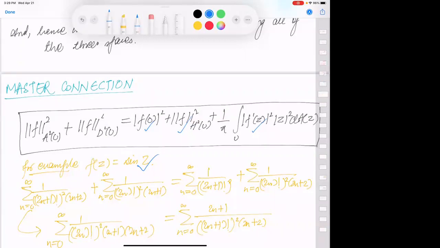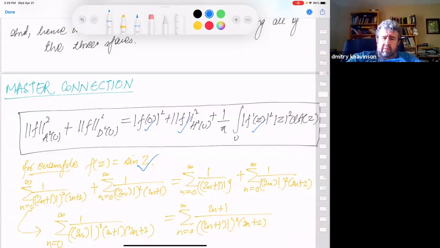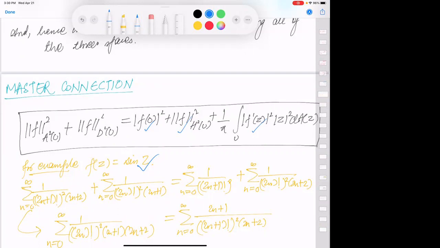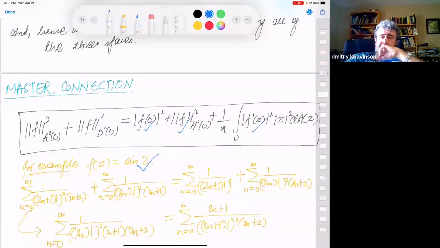During this whole idea evolution, I wasn't sure where I was leading to. The only thing I had with me was: is it possible to create a connection among the Hardy, Dirichlet, and Bergman spaces?